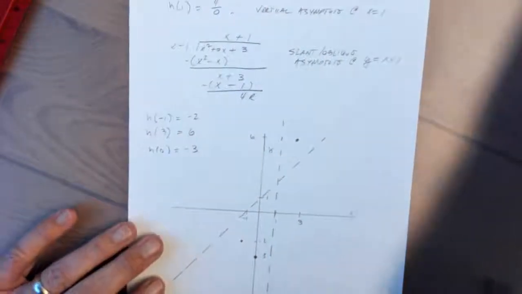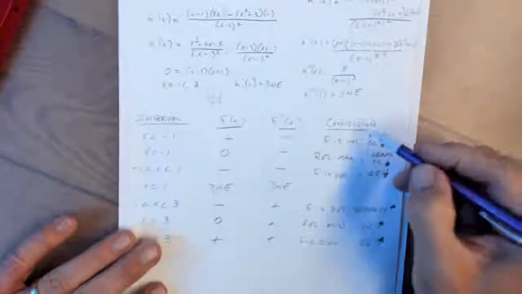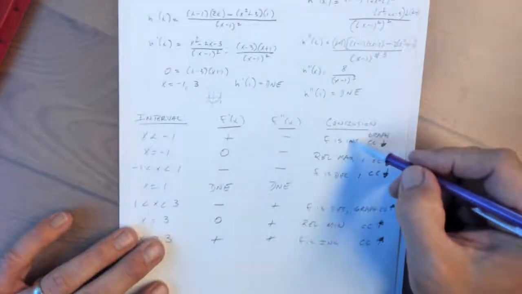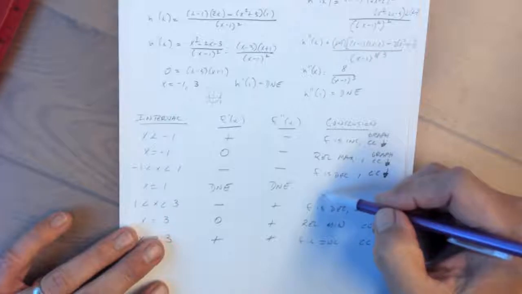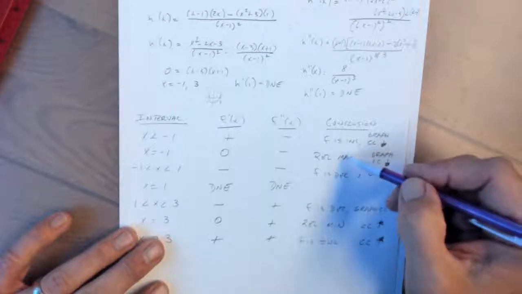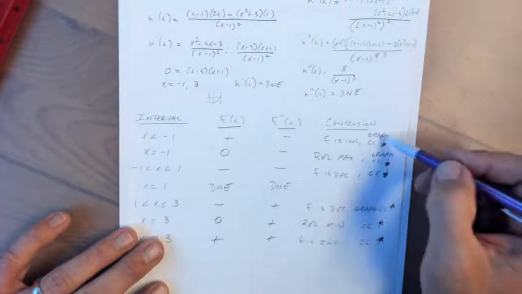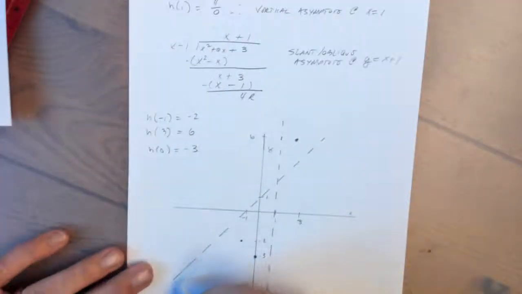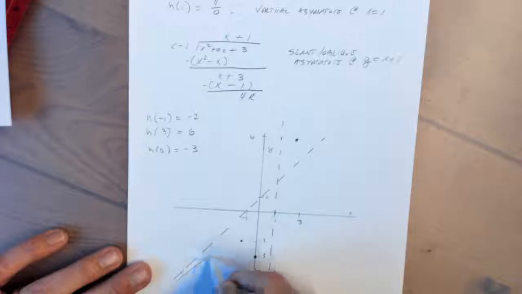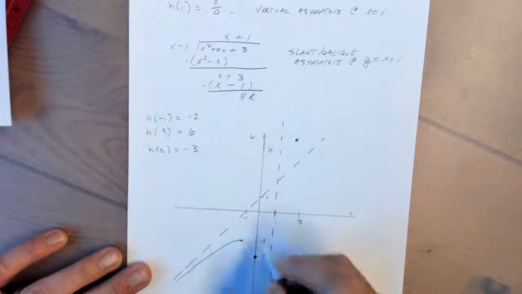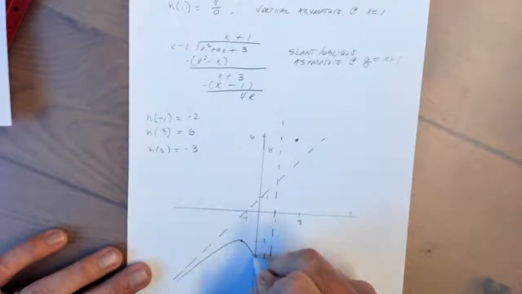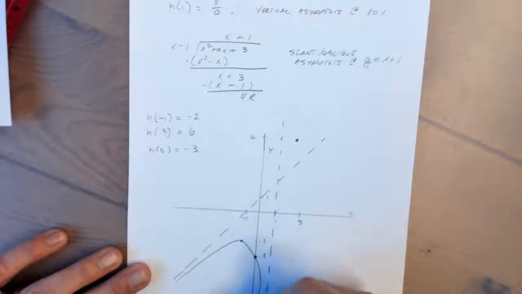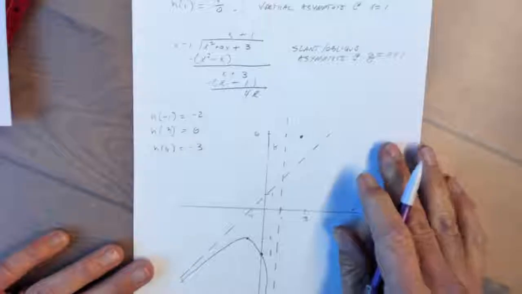And so again, looking at our conclusions, when x is less than 1, we're increasing to a max at -1 and then decreasing, with the graph concave down. So here we are from the asymptote increasing, we're concave down. There's our max, through the y-intercept. Now it's decreasing and again approaching asymptotes.